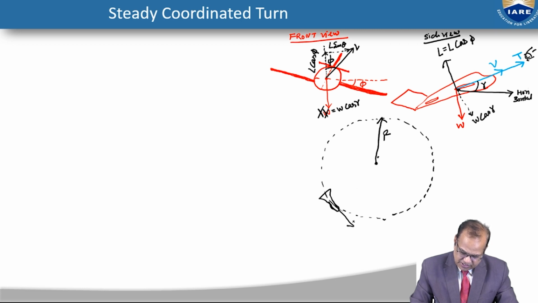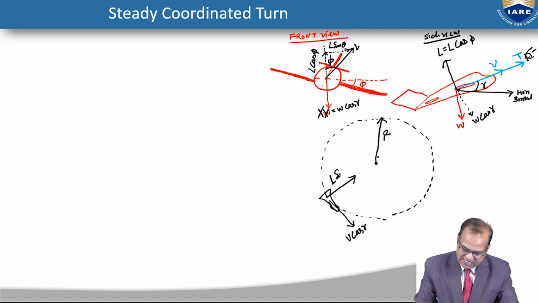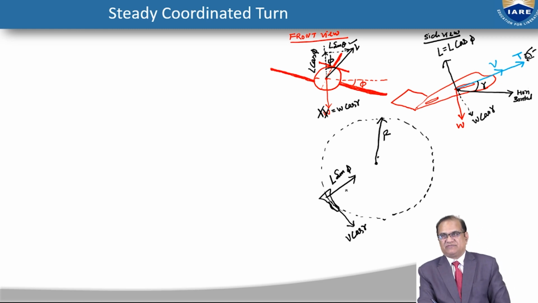This is the velocity, which is V cos gamma, and this will be the force, which is L sine phi. This is the force which is here. And this will create the centripetal acceleration.